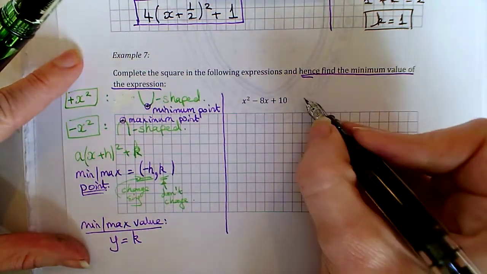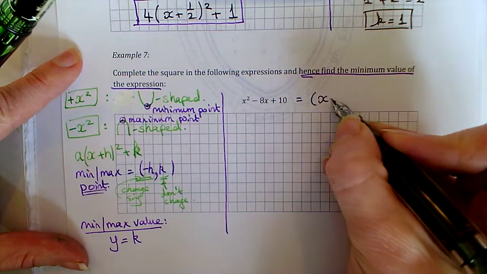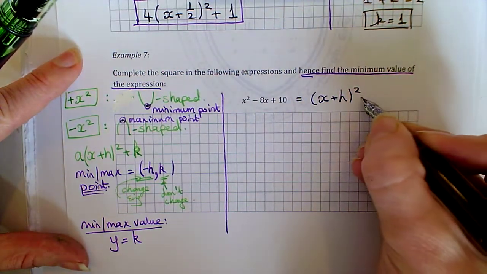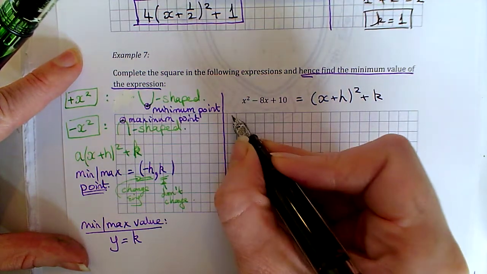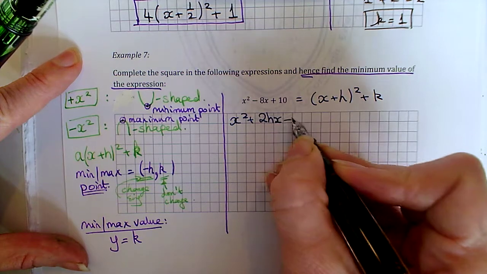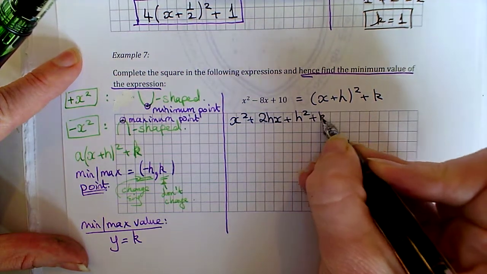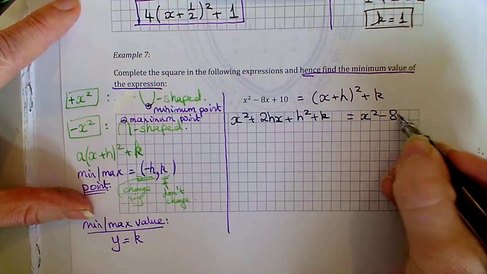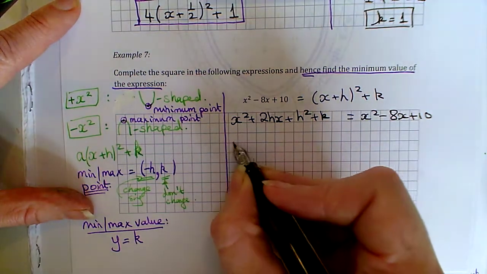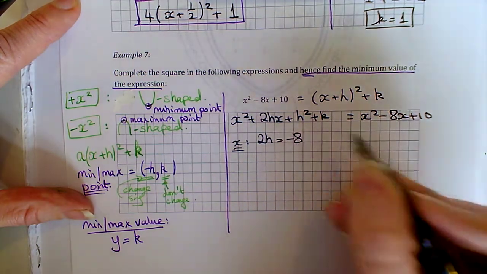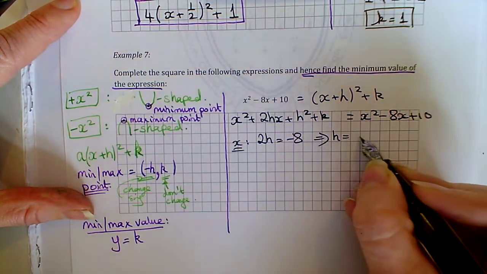So here again, we're going to write this, and I don't bother writing down the a because I know it's just 1, x plus h squared plus k. So that gives me, when I square it out, x squared plus 2hx plus h squared plus k equal to x squared minus 8x plus 10. And I can quickly use my x terms to say that 2h is equal to minus 8 and h is equal to minus 4.